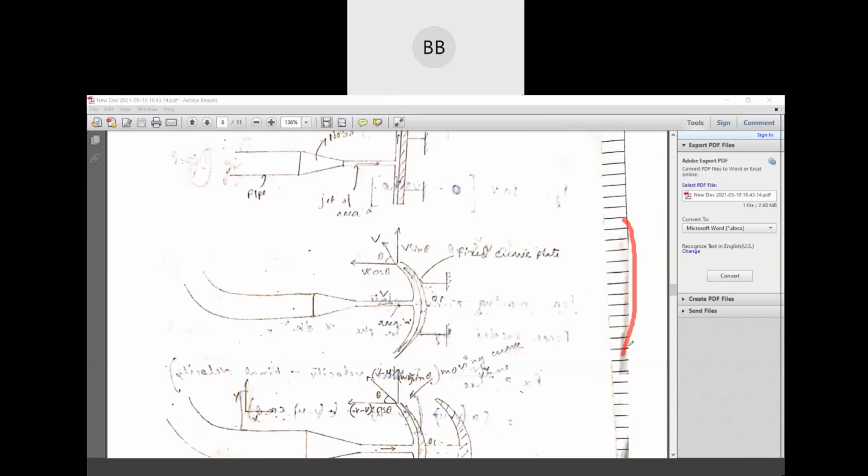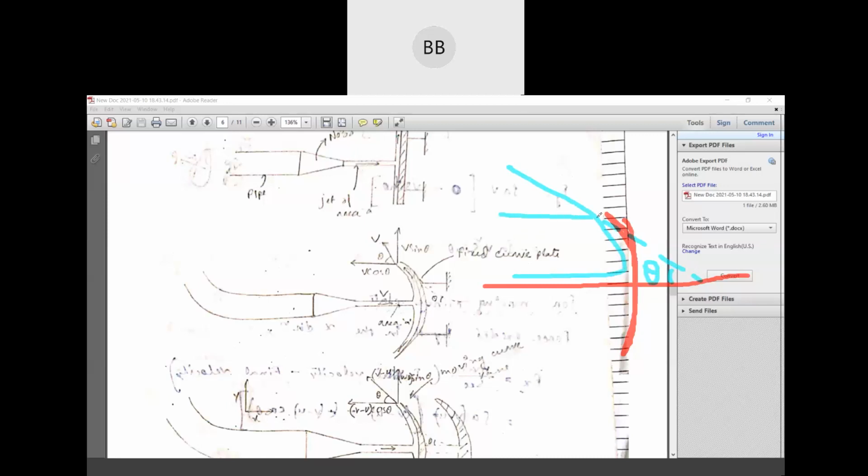Suppose this is your moving curved plate, and this is the axis line. If the jet of water strikes the plate, then it goes up. If you draw a dotted line, this angle is theta.